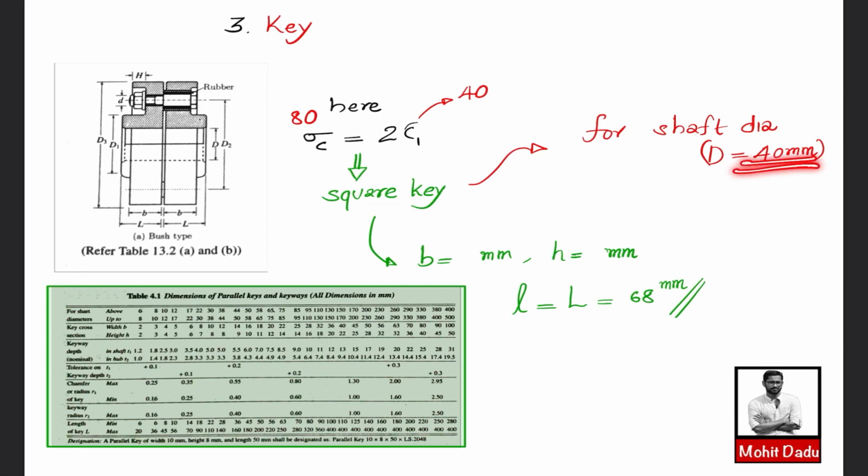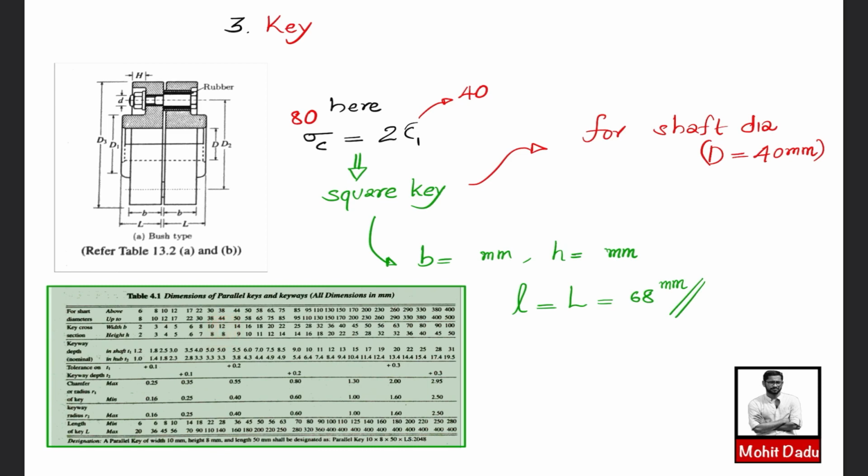We will be looking at table 4.1 to select the suitable key. Shaft diameter is 40 mm, which lies in the range of 38 to 44. In that range the key cross section is 12 by 8. We will be taking the maximum dimension to form the square key, so we will be selecting the square key of 12 by 12 mm.